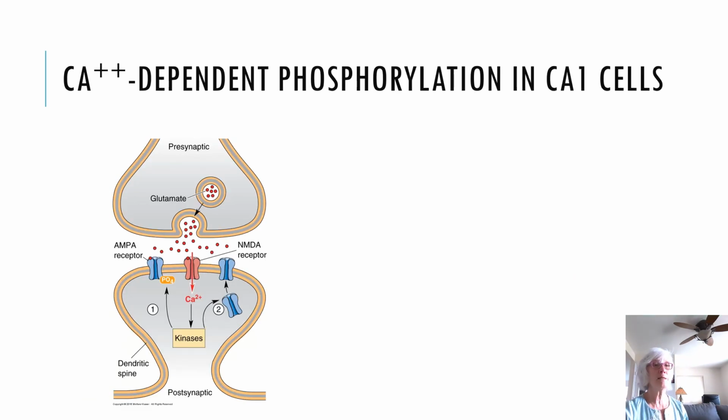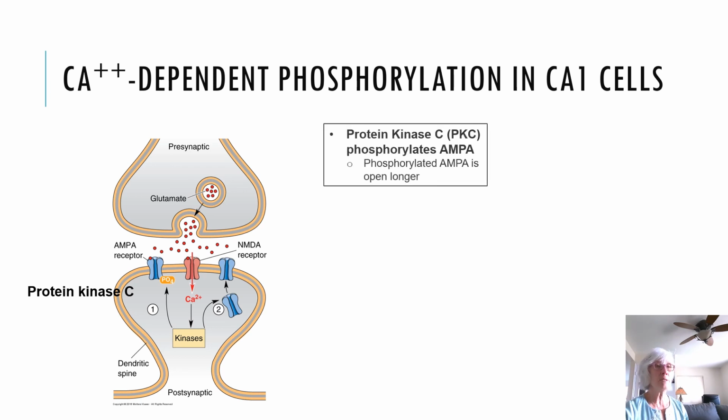One of the proteins that's going to be phosphorylated in the CA1 cell, specifically by protein kinase C that's been activated by calcium binding, is the AMPA receptor. When the AMPA receptor is phosphorylated by protein kinase C, it's open for a longer period of time in response to glutamate.